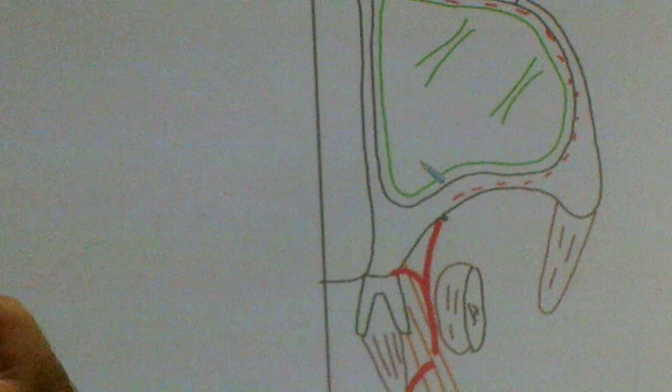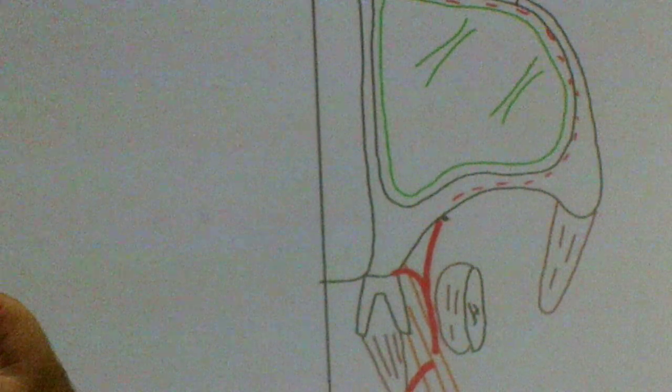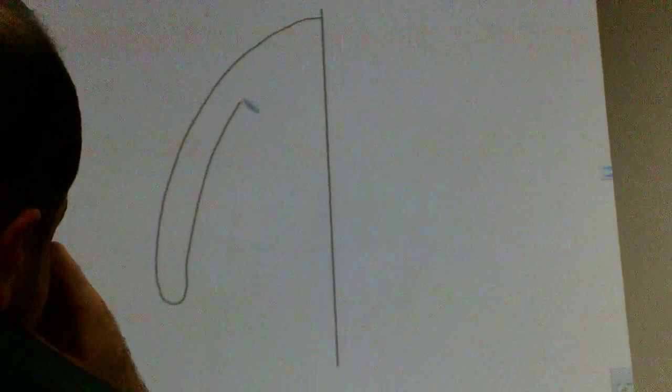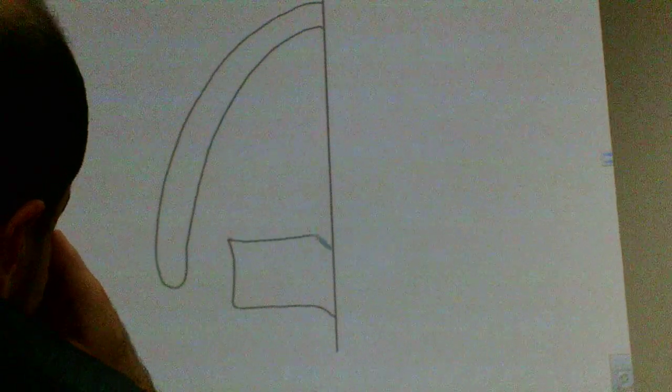And sometimes you can see that on the CT scan, on horizontal section of the CT scan, you can see that there is a little hole at this side, which is the location for the artery to come inside the maxilla.